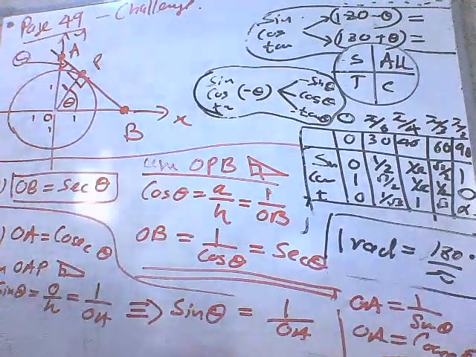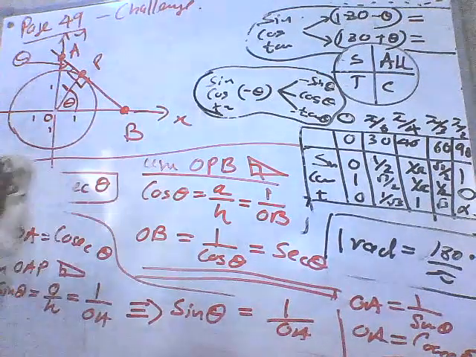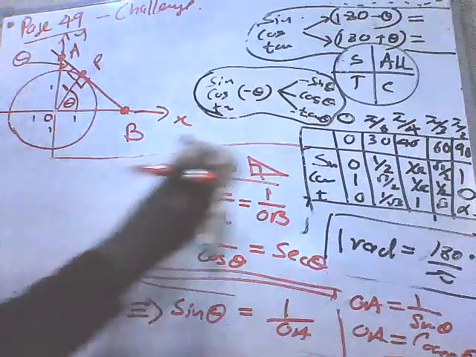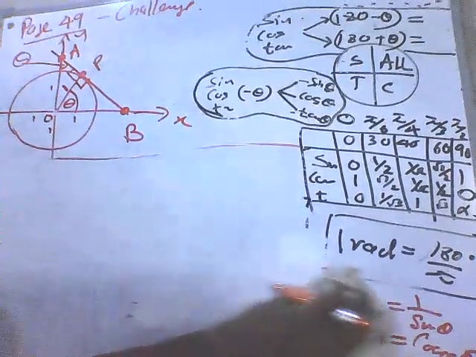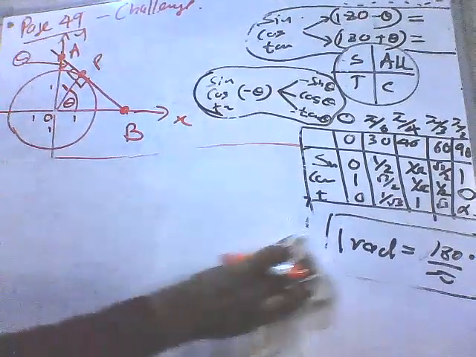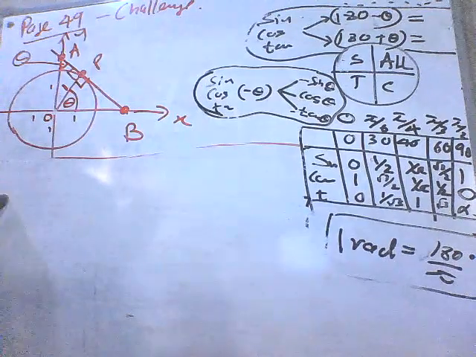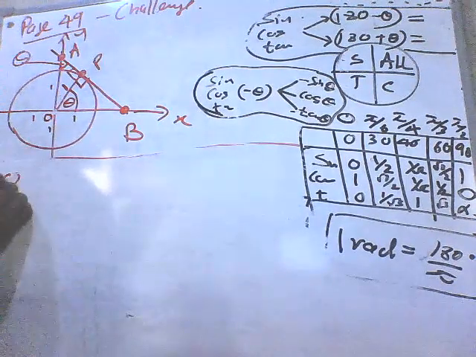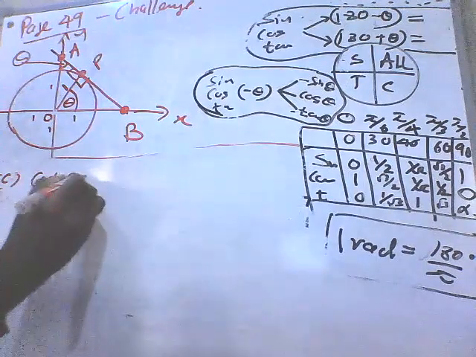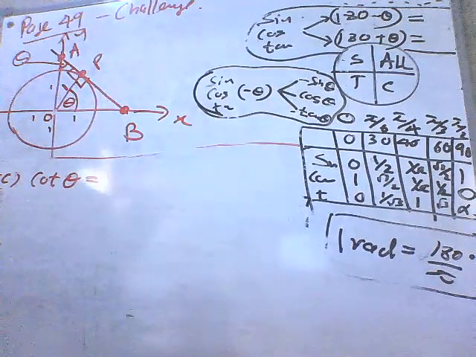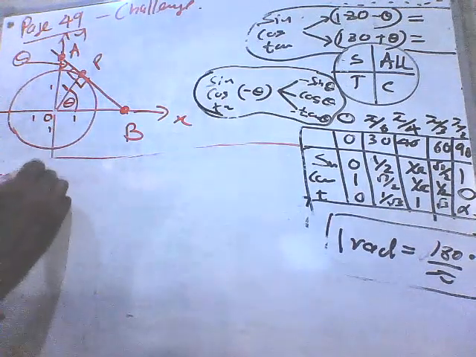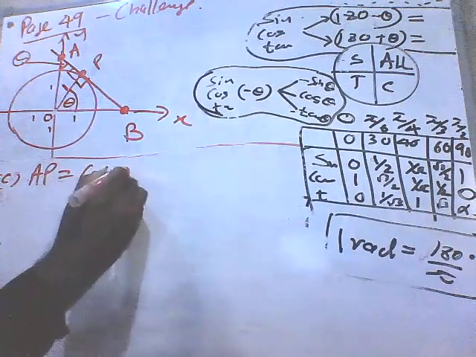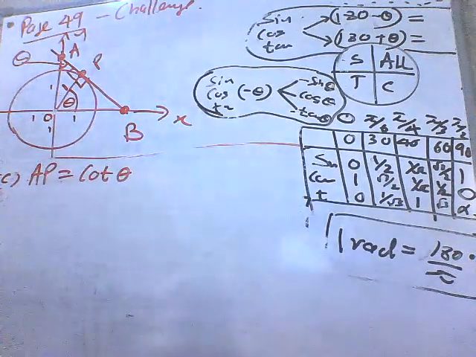I will erase this and do, otherwise I don't have space. So this is part C. They are asking us to prove AP is equal to cot theta. So we will try to see how AP.